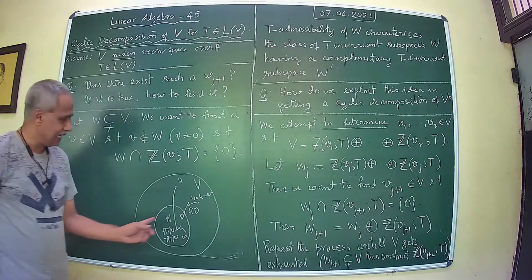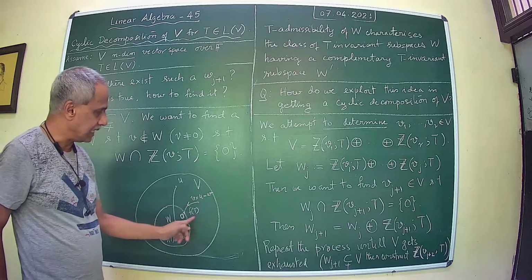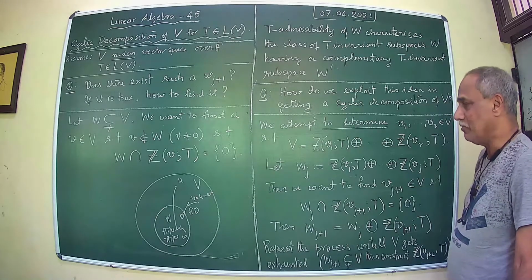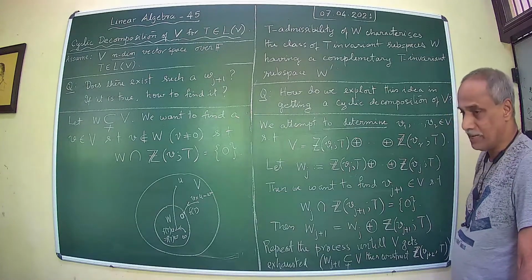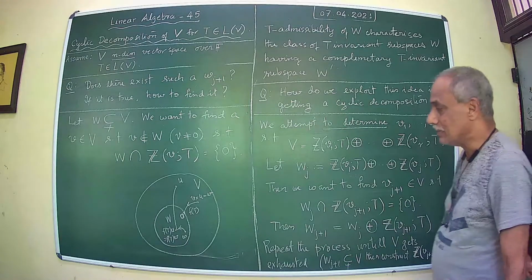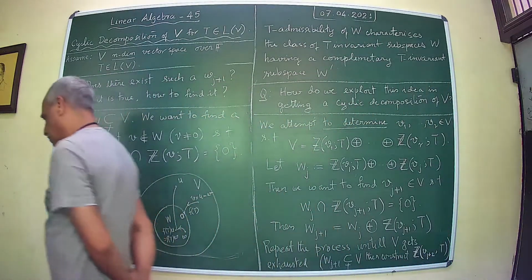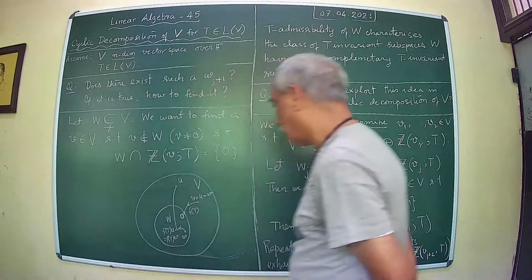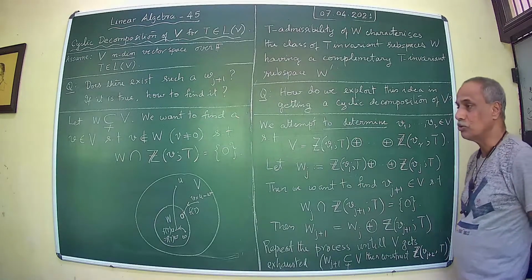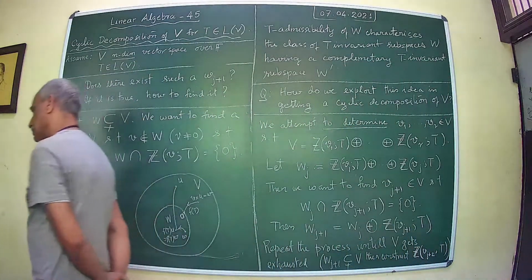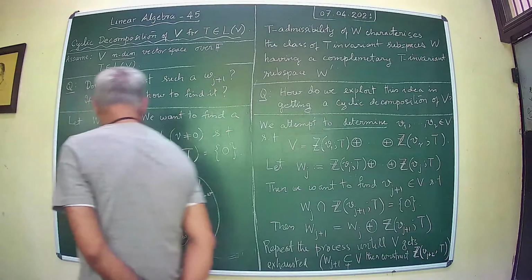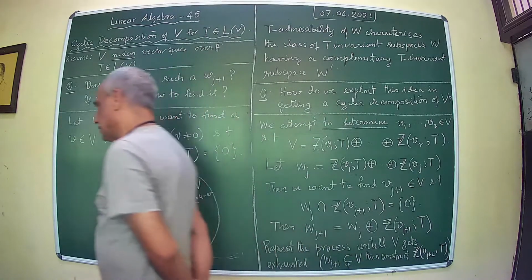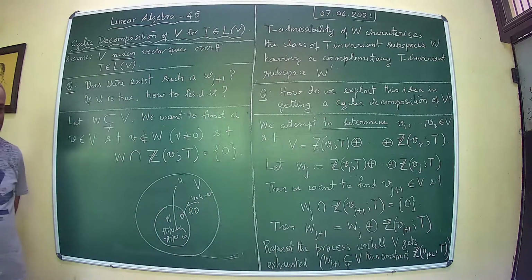Okay. So once you get that, the process is this. You look at the cyclic space generated by V. The cyclic space generated by V, that is Z(V;T), will have only the 0 element common to W. Also Z(V;T) has the property that it is going to be invariant under T. Then you see that W direct sum Z(V;T), say W prime, also has the same property of admissibility.